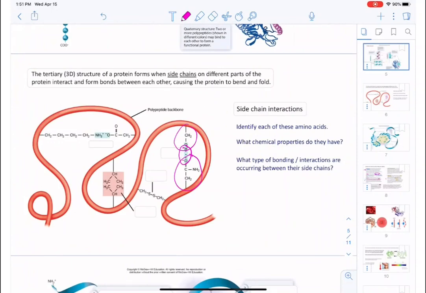Let's move on to that guy right there. So let's identify both of those amino acids. And it's the same amino acid for both of those. So a CH2S side chain.